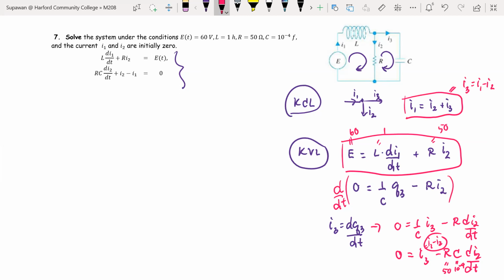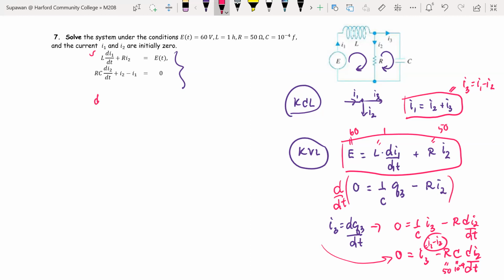The first one looks the same as what was provided. The second one, R times C times the rate of change of I2 with respect to time plus I2 minus I1, is equivalent to the one that we just derived. And with this format of the system of equations, we place the value L as 1.